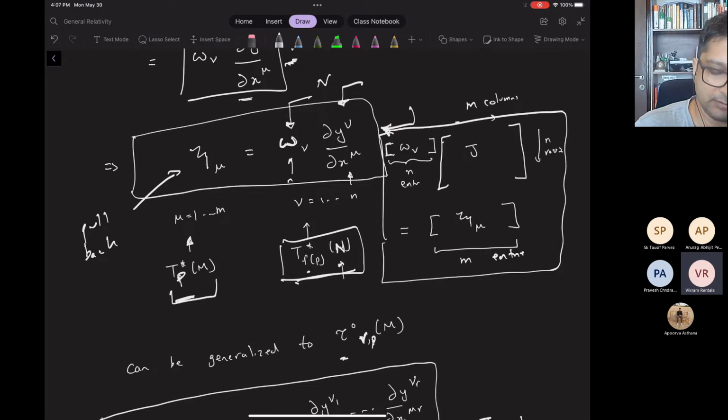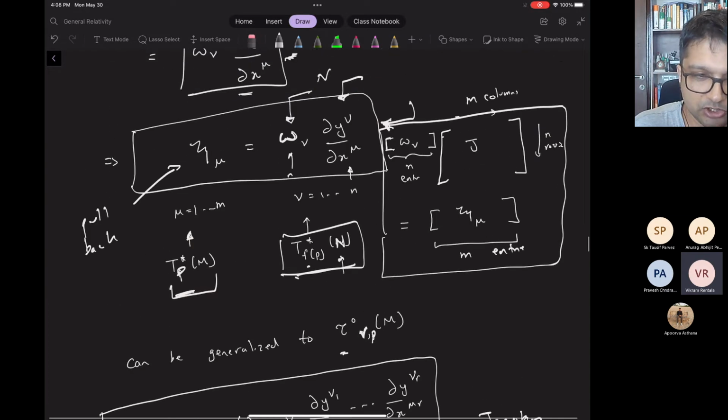These can be generalized to arbitrary vector-like indices and arbitrary dual vector-like indices. But we saw that in general, you can't push forward dual vectors and you can't pull back vectors. This is only a one-way transformation, except in the case when f is a diffeomorphism.